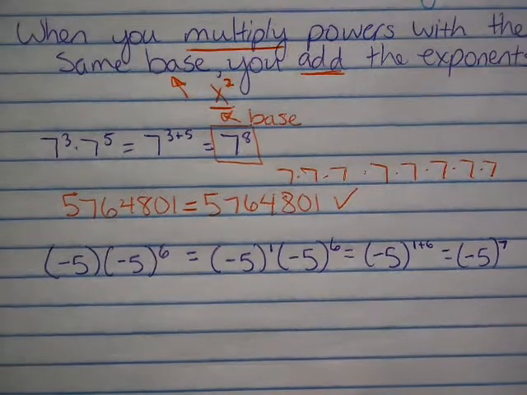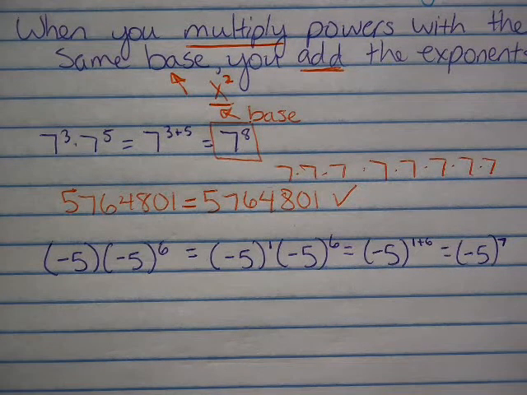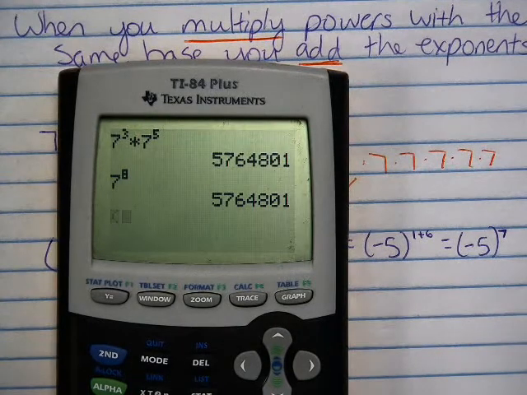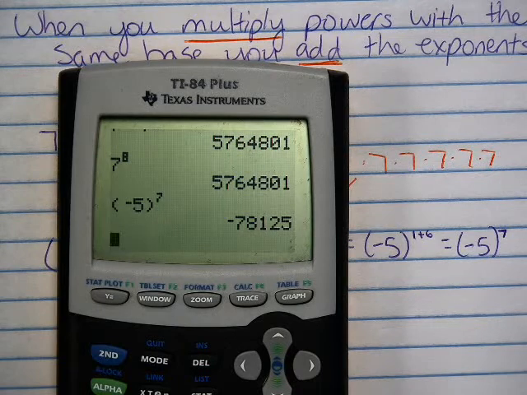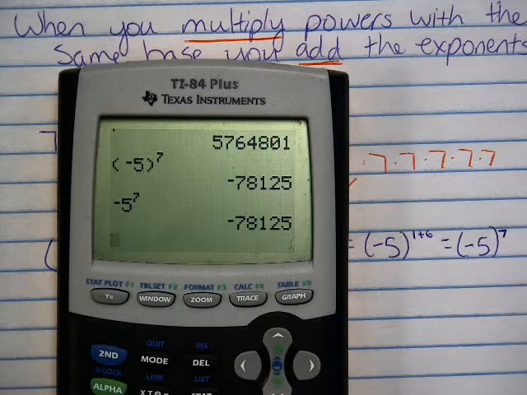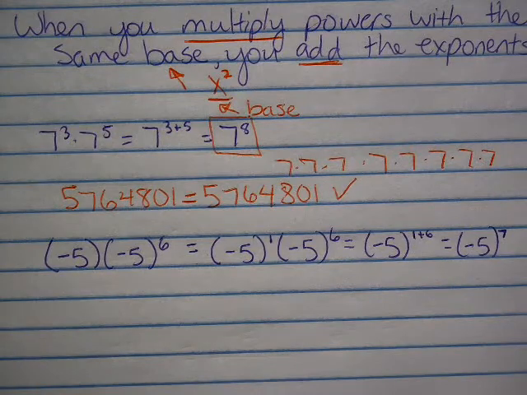It's really important that I kept my parentheses every time. Let's see what it looks like in my calculator if I do and if I don't. Negative 5 to the seventh is a negative number. It won't matter on this one. To the seventh is also a negative number. In this case it doesn't matter because my exponent is odd, but we'll get to that later.